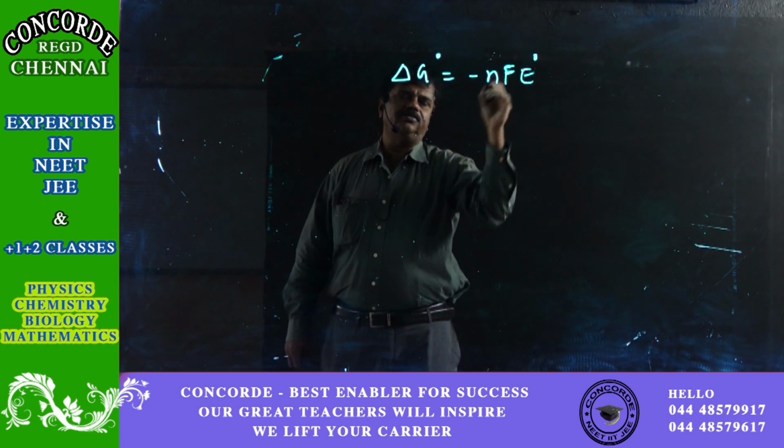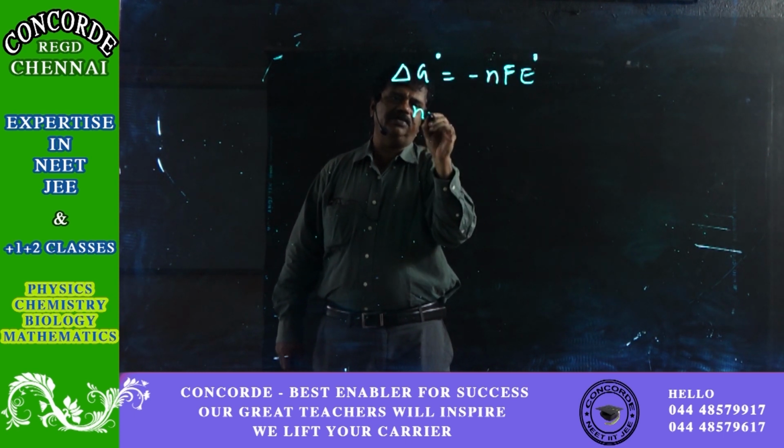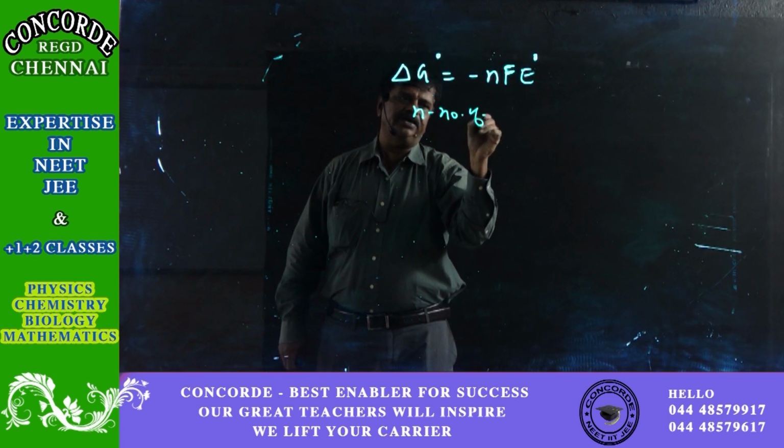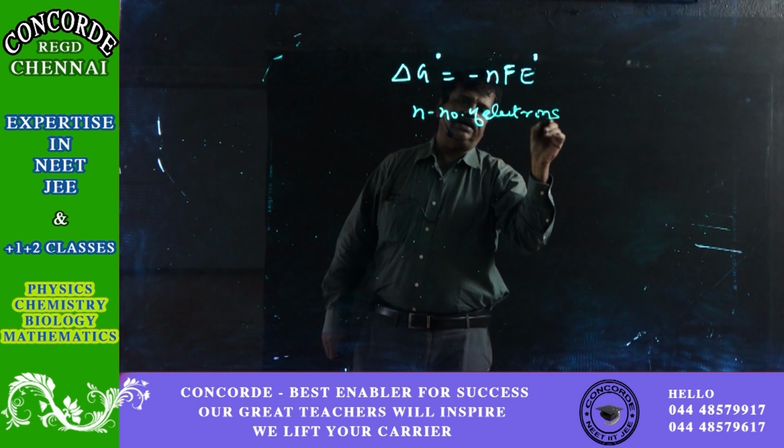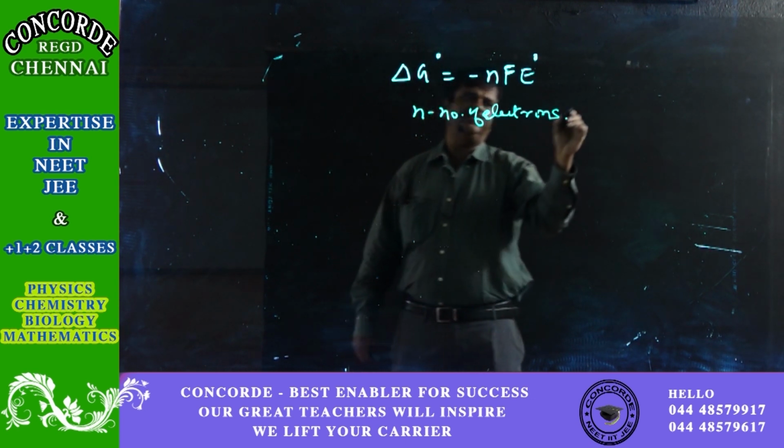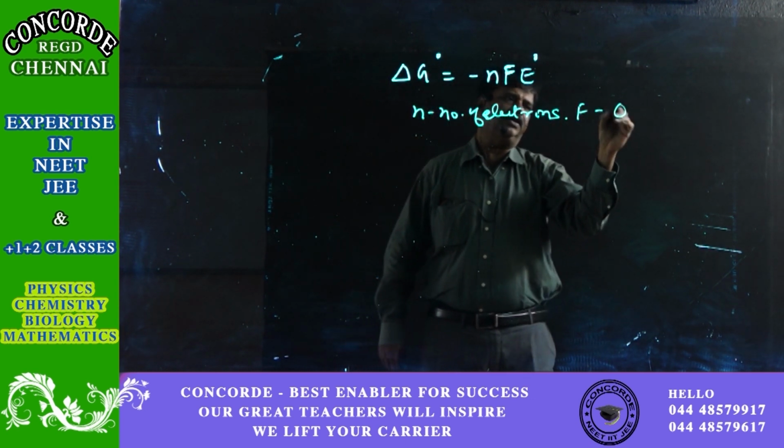Delta G naught is equal to minus nF E naught, where n is the number of electrons involved in the reaction, and F is the quantity of current in Faraday.